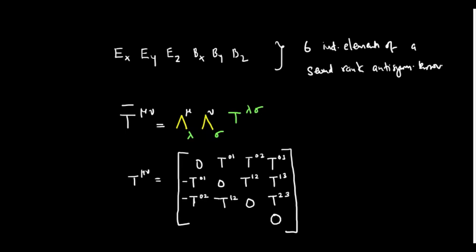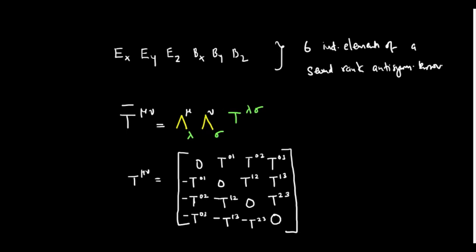And what about here? This is minus of T 0 3, and this should actually be 3 2, so minus of T 2 3. So this is 3 1, this is minus T 1 3, and this is minus of T 2 3.